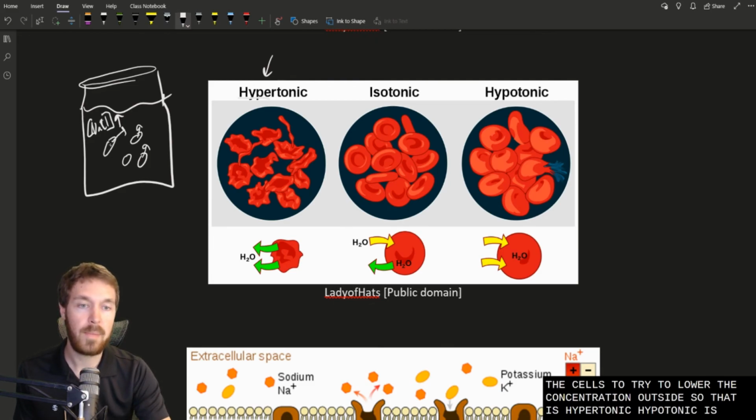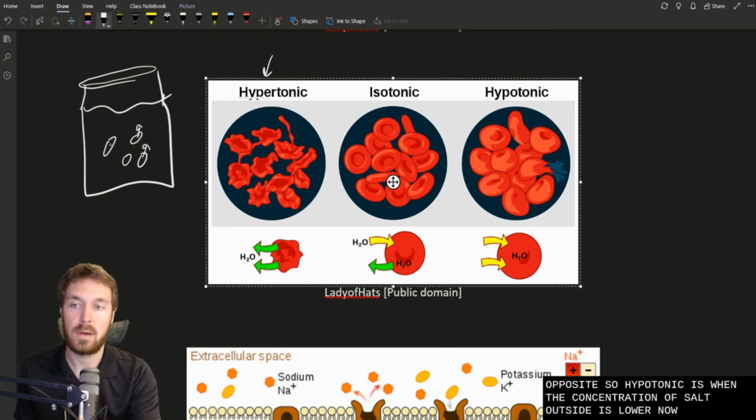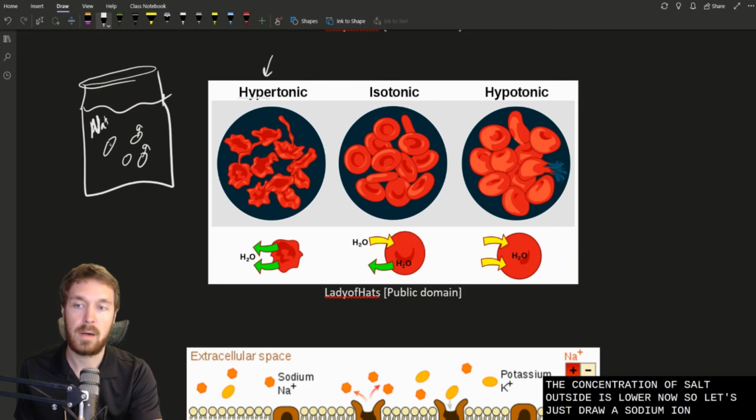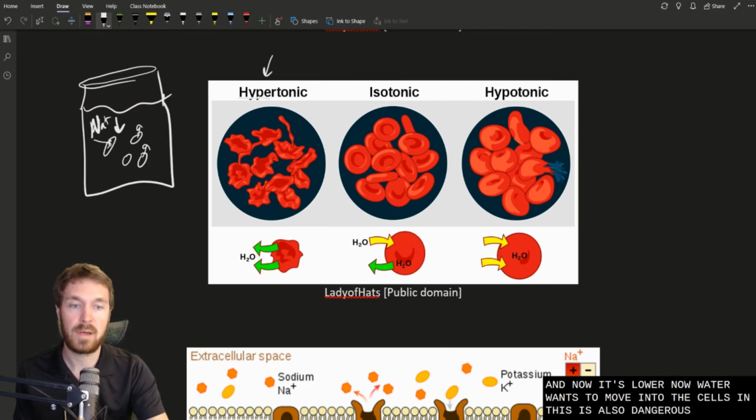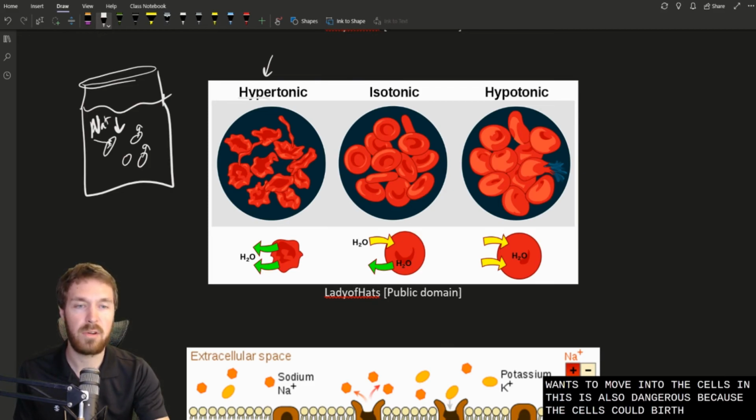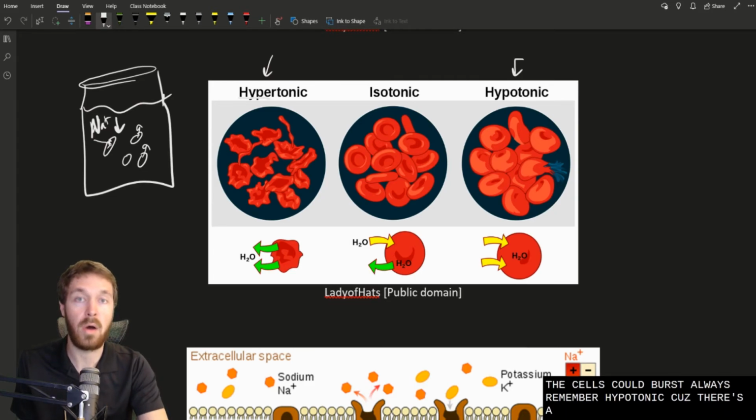Hypotonic is the opposite. Hypotonic is when the concentration of salt outside is lower. So let's just draw a sodium ion out here, and now it's lower. Now water wants to move into the cells, and this is also dangerous because the cells could burst. I always remember hypotonic because there's an O and explode, and these cells could explode in a way.